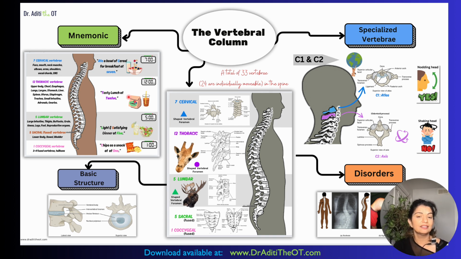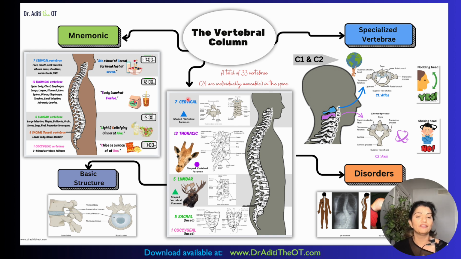We have 7 cervical vertebrae, and these are a lot smaller and delicate. They have a triangular foramen, and C1 is different, and C2 is different. C1 is the atlas, which holds your head and helps you nod yes. C2 is the axis, which helps you with rotation to say no.